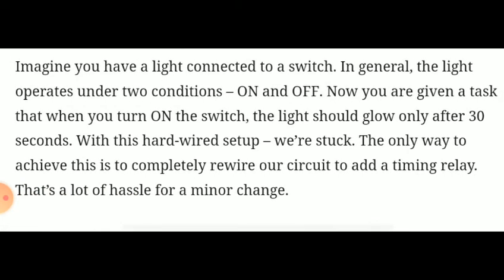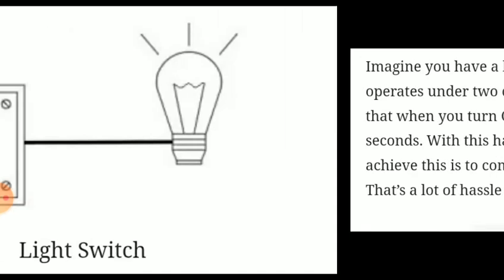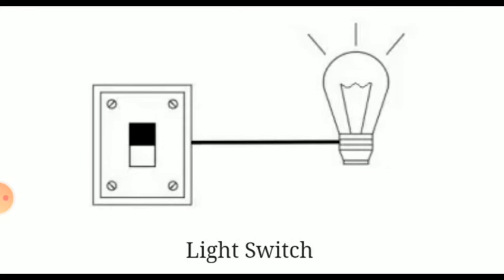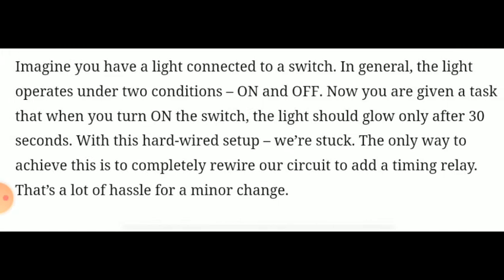Imagine you have a light connected to a switch. In this diagram you can see a simple light switch that operates that bulb by on off control. In general, the light operates under two conditions, on and off.